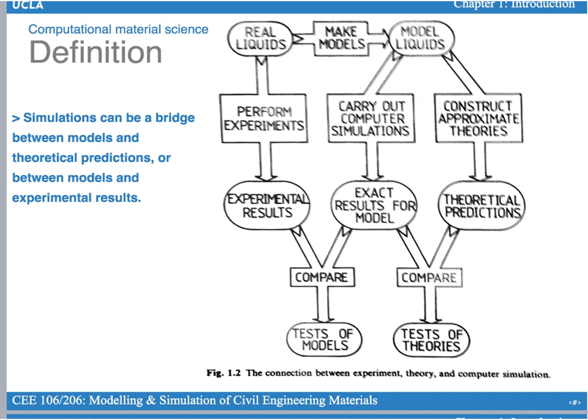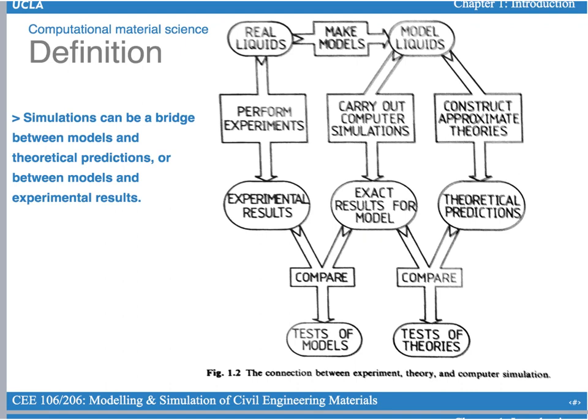Only the underlying model can be wrong. So for a given model, you will get an exact response of your model by conducting a simulation. A simulation is a numerical way to assess the response of a model that cannot be solved analytically.